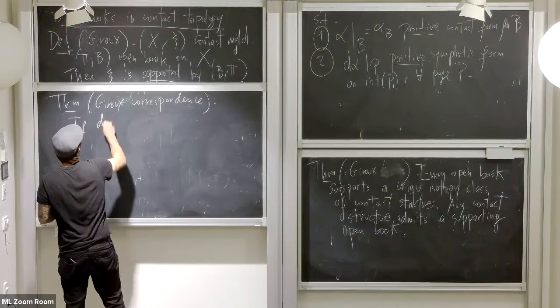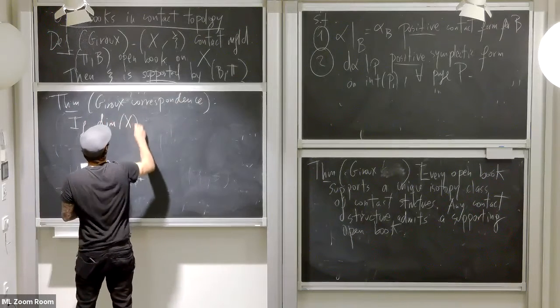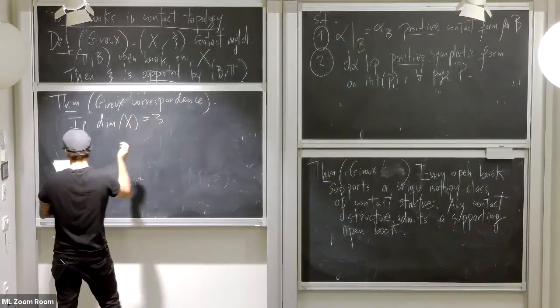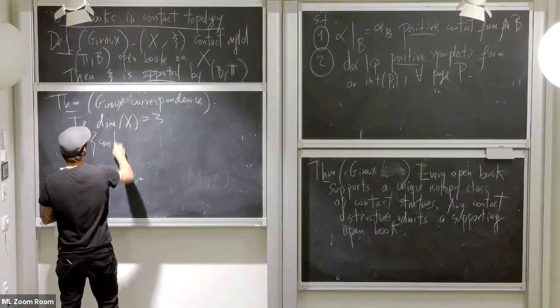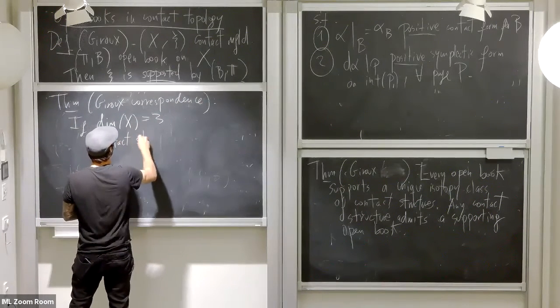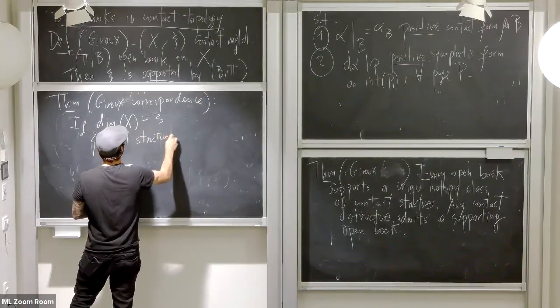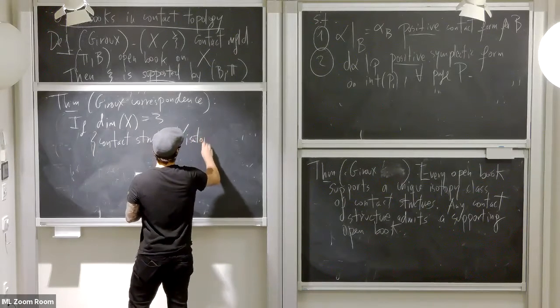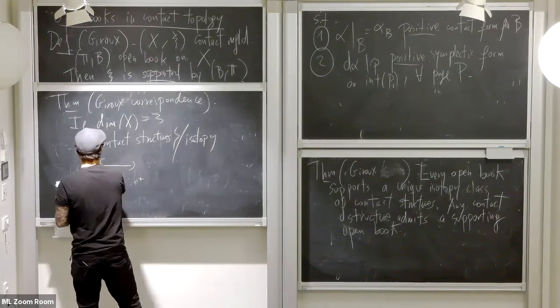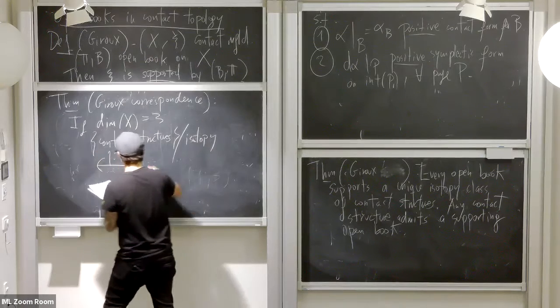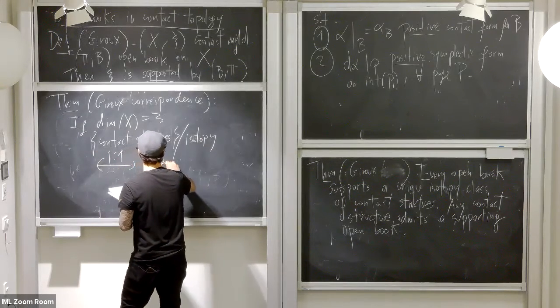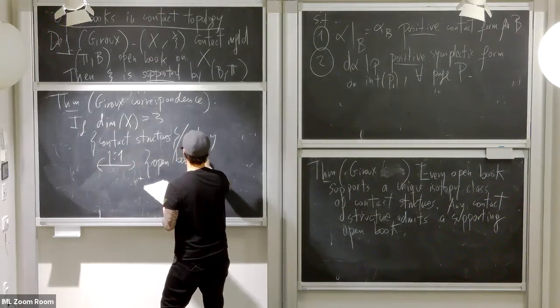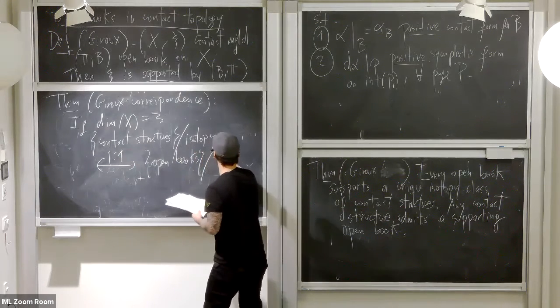The manifold is 3-dimensional, and then the set of contact structures up to isotopy is in one-to-one correspondence with open books up to positive stabilization.